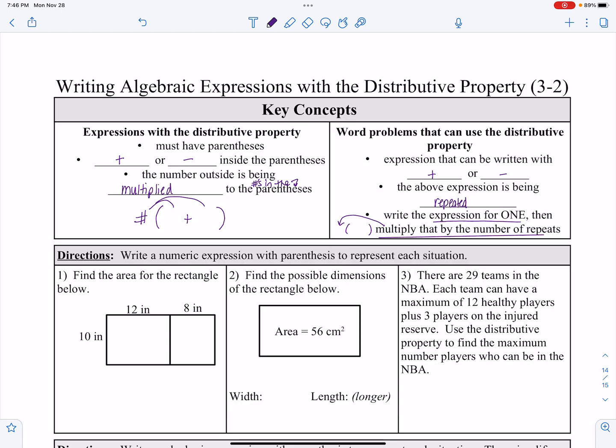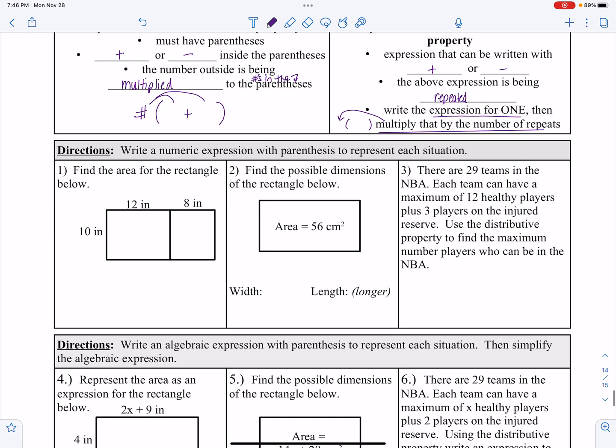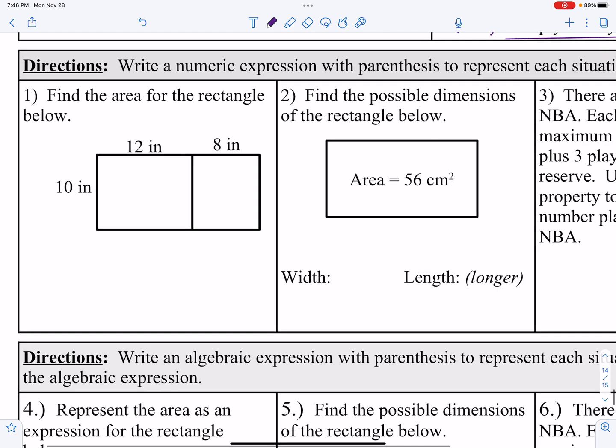A little bit of review here with the area model for distributive, but let's go ahead and take a look at this. Find the area for the rectangle below. We know that area equals the length times the width, so keep it simple. Technically, length is the long side and width is the shorter side, but it doesn't really matter.